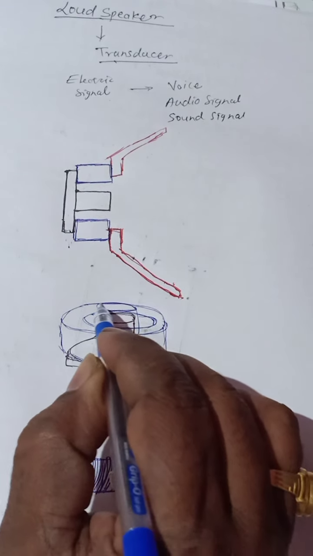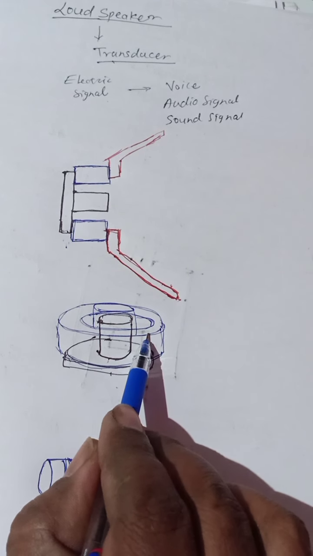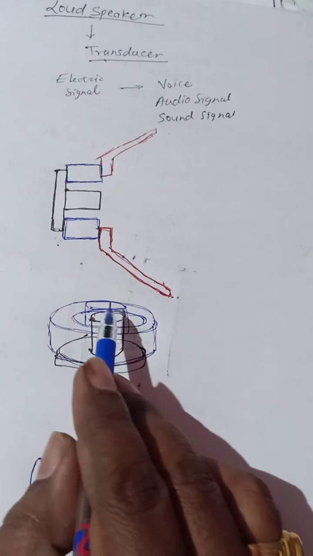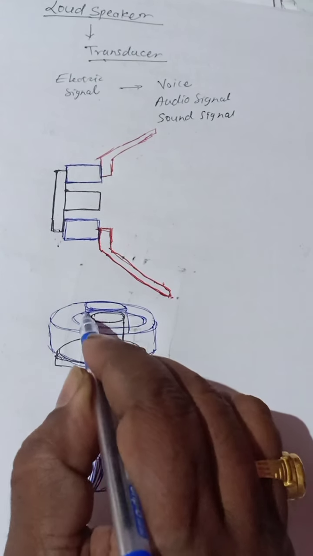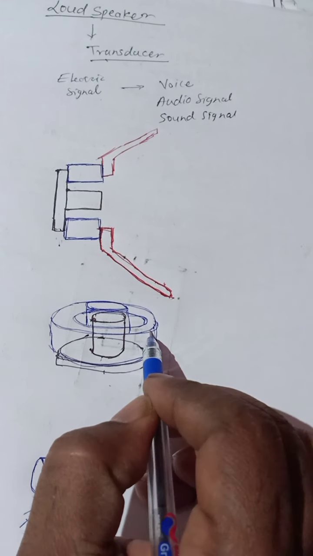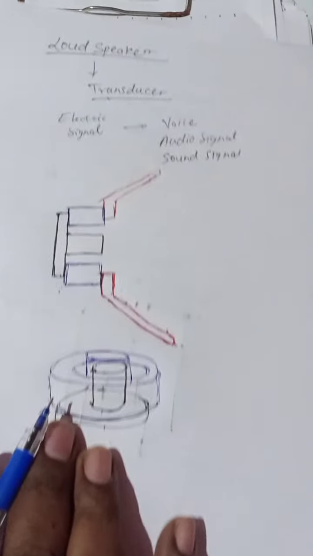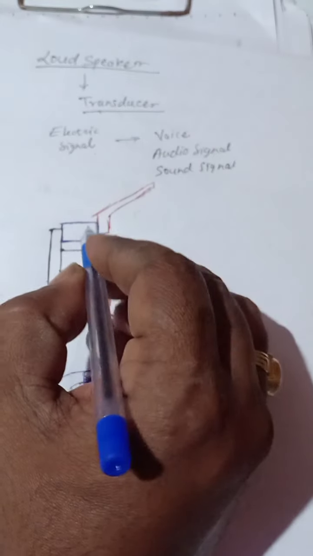This pipe is inserted in the gap between this magnet and this non-magnetic aluminum rod. So this coil is inserted between the magnet and the non-magnetic rod. If you see the 2D image, we can see it like this.